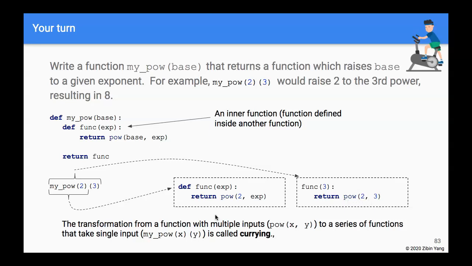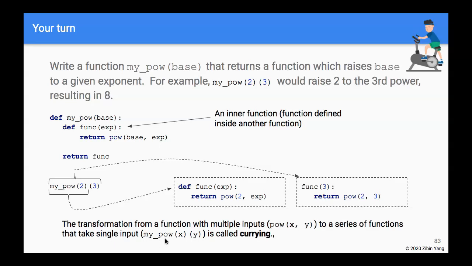And I also want to point out that what we did here was transform a function that takes multiple inputs, just like power. It takes a base and an exponent as its 2 inputs, and we transform that function into a series of functions, 2 to be exact in this case, each of which takes a single input.